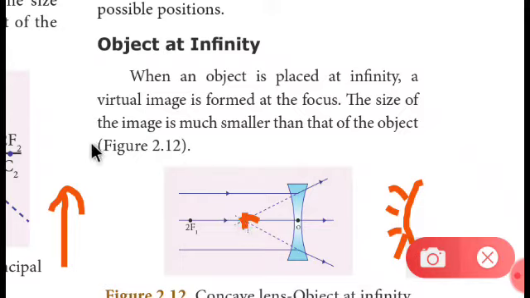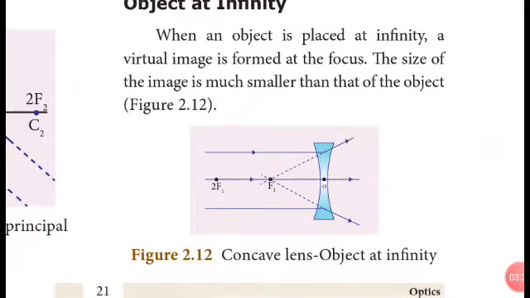They mentioned here the image is much smaller than the object because these rays are meeting at the principal axis, and there is no length, actually there is no length. See here, the image doesn't have a size, and this meeting point and the principal axis do not have any intermediate distance.